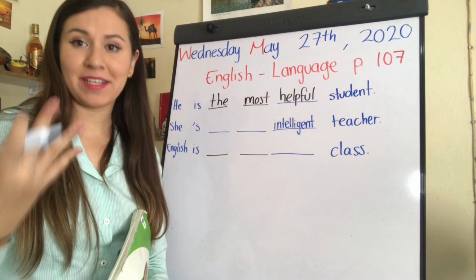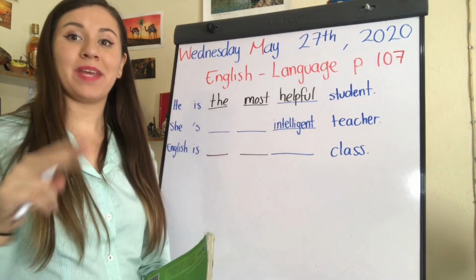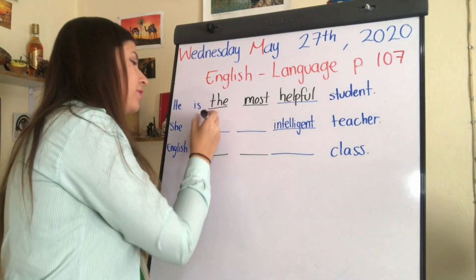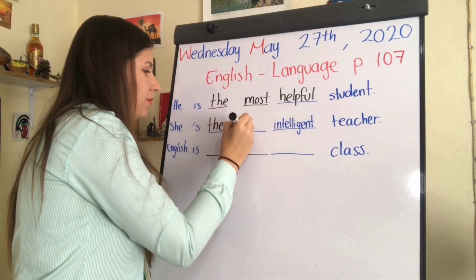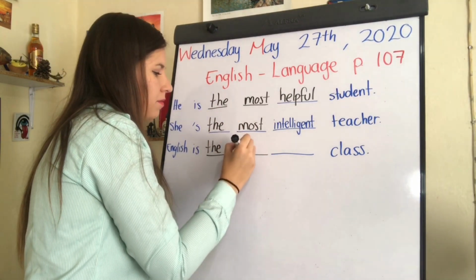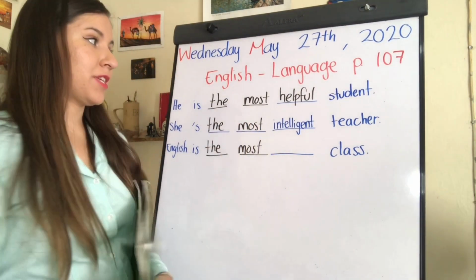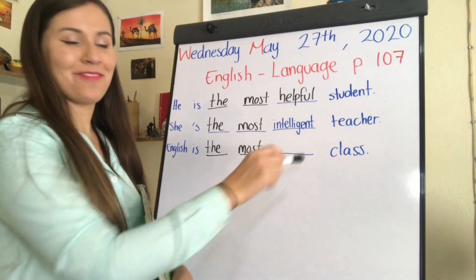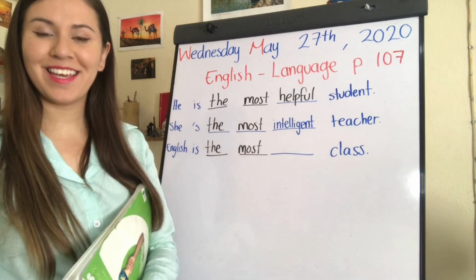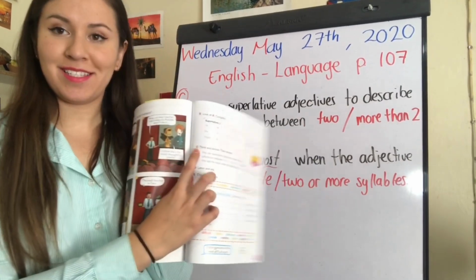And we have the rest of the sentences. These two words are repeating in each sentence. So if you want, fill in the most and the most. And you just have to find this final word, okay? Very, very easy.